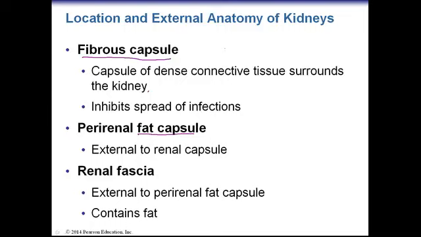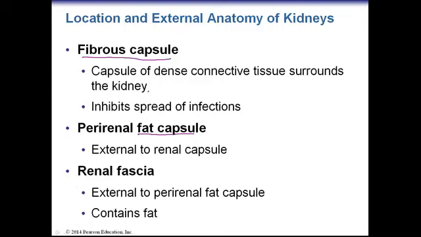If you look at a fresh cadaver and you open it up, you're going to look at just this big yellow mass, and that's called perirenal fat, which is on the outside of the fibrous capsule. And the capsule, of course, is made of dense irregular connective tissue, and it inhibits the spread of infections, and it also protects it. The fat actually protects it against kidney punches.